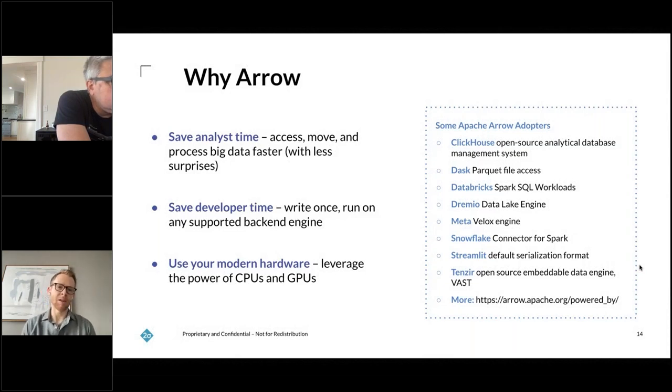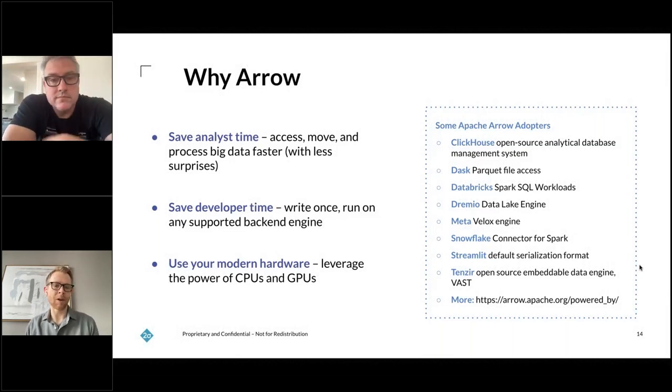Another aspect in modern times, which is important with Arrow, is being able to use modern silicon. So in particular, using GPUs to accelerate data processing. And with the innovation that's happening in the semiconductor industry, it is easier and easier to develop custom hardware for computing. And we believe in the future we will increasingly see custom chips which are optimized for analytical processing.